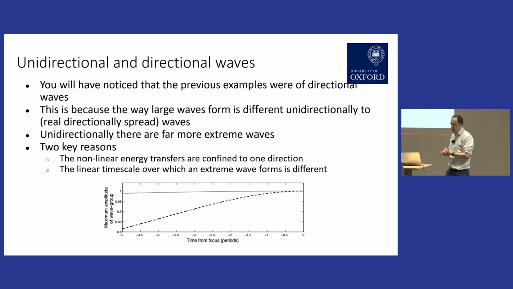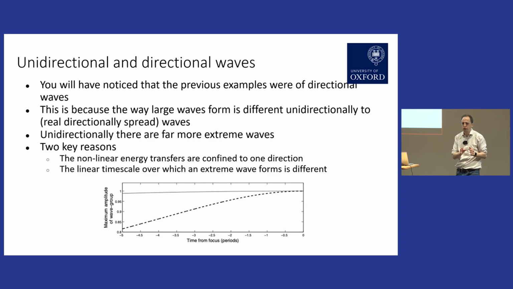So that's deliberately a bit hand wavy, but what this really means is that the formation of a large wave event, if we're interested in the nonlinear physics of it, is really quite different in a directional sea state compared to a unidirectional one. So what should be the takeaway from that?